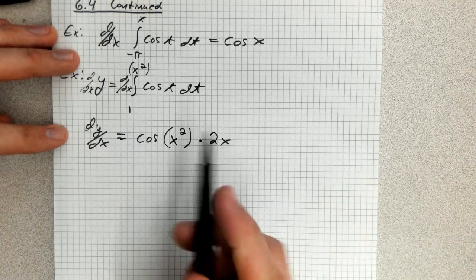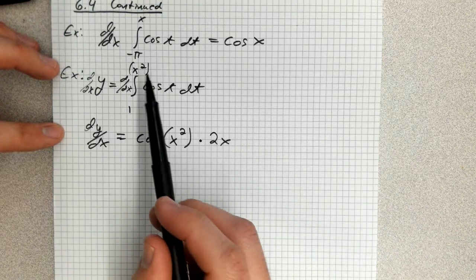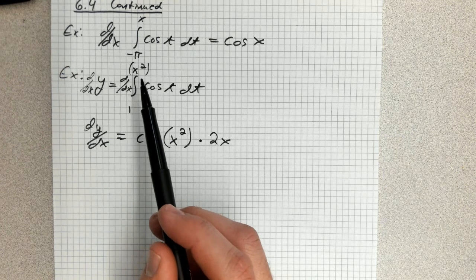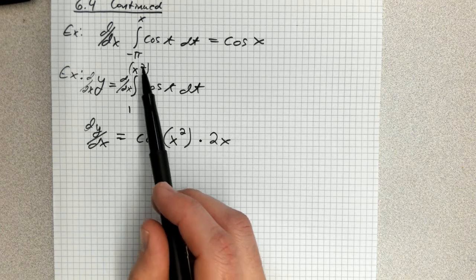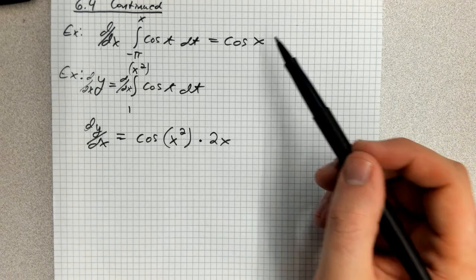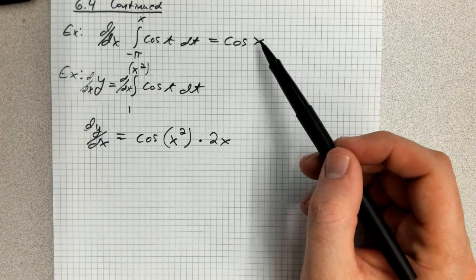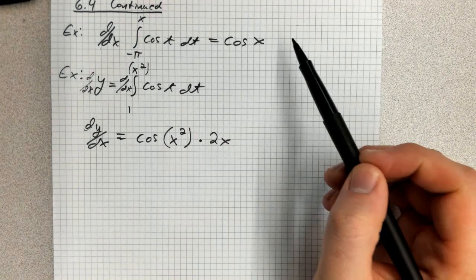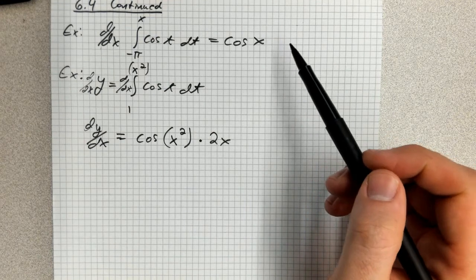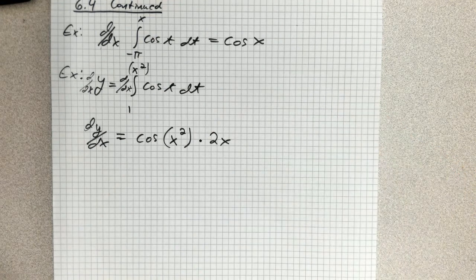Right? So that's going to end up being the derivative. So the only thing that's different about these is that you have to remember to derive by the inside. And I would claim that we always are, we just never actually go through the motions, because the derivative of x is 1. So if you multiply cosine of x times 1, you get cosine of x. Right? So that is sort of a special case there.